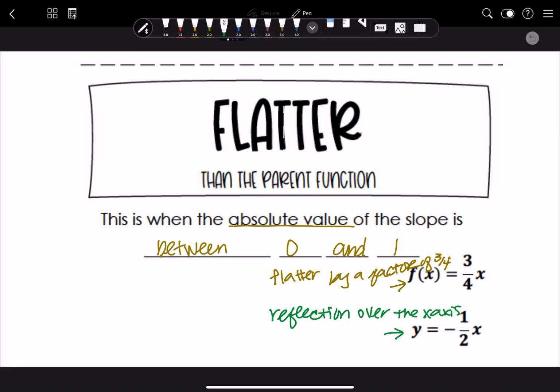We're only looking at the absolute value of our slope. The absolute value of negative 1/2 is just 1/2, which means it's going to be flatter since it is less than 1.